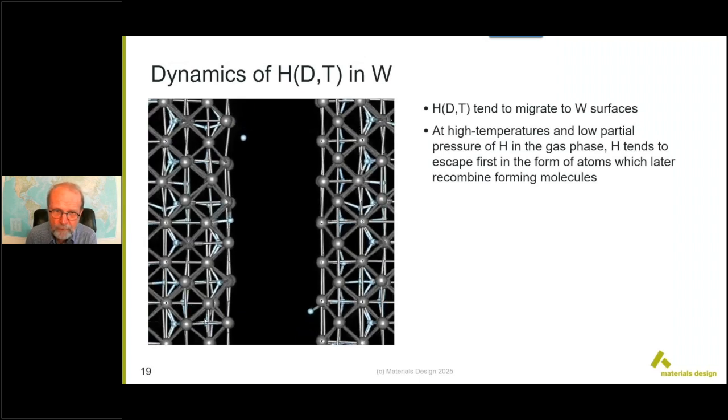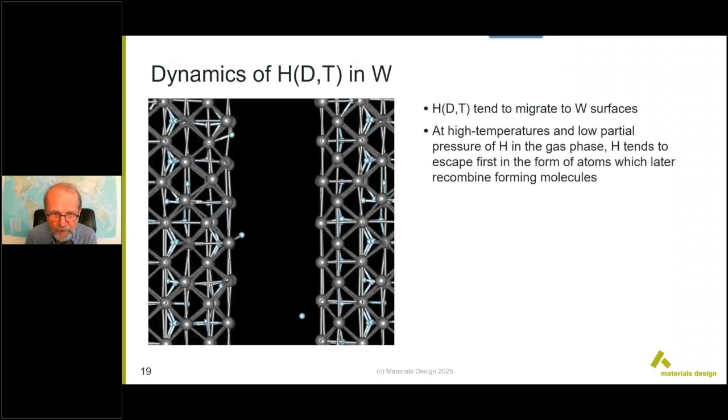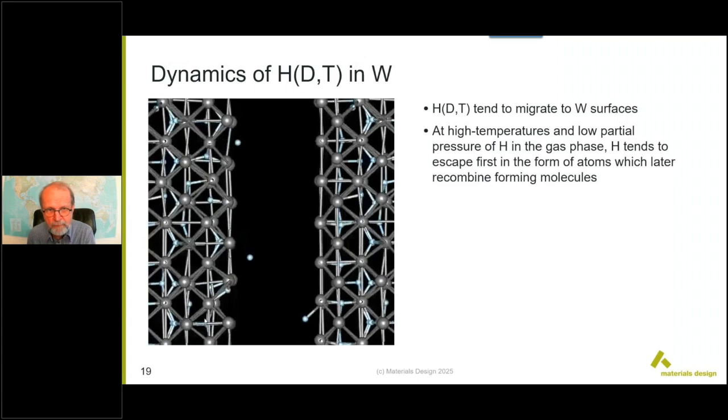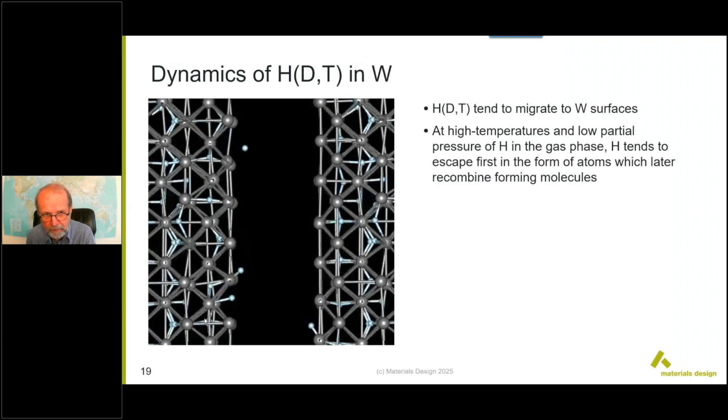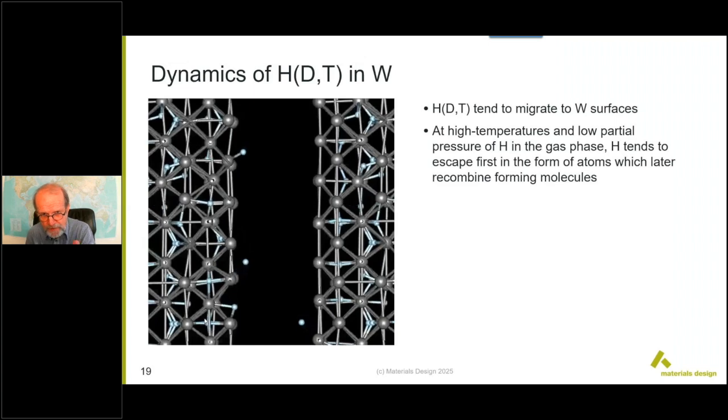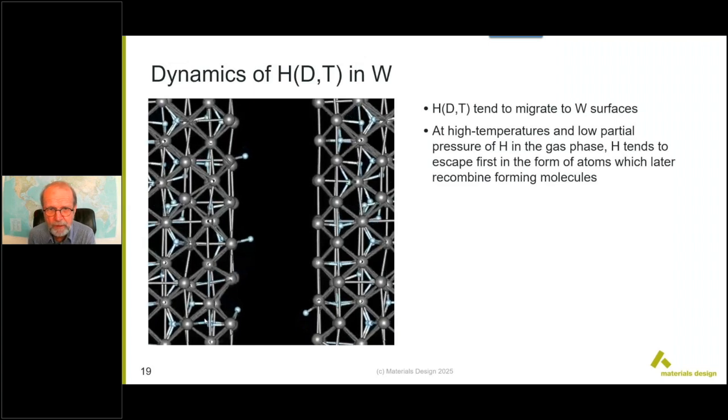But overall, you see more and more hydrogen atoms diffusing from the bulk towards the surface, or this internal surface in this model.